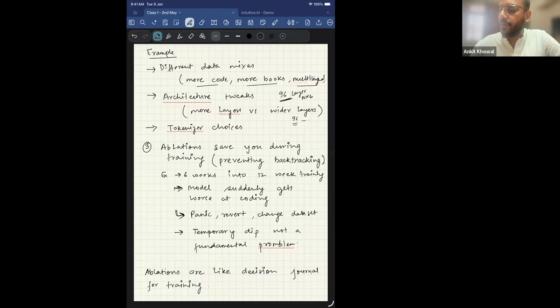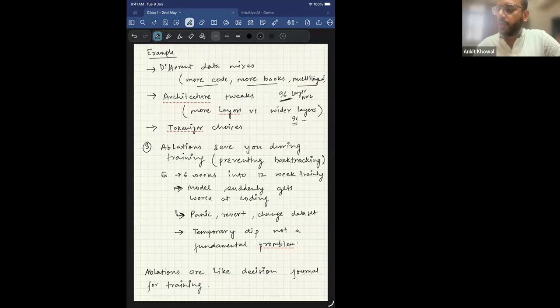So the whole point is that ablations help you. They are small experiments you do based on choices you want to take, and then you pass the same experiment, whether it was successful or not, on to the bigger model, right? What it basically helps you with is preventing backtracking.